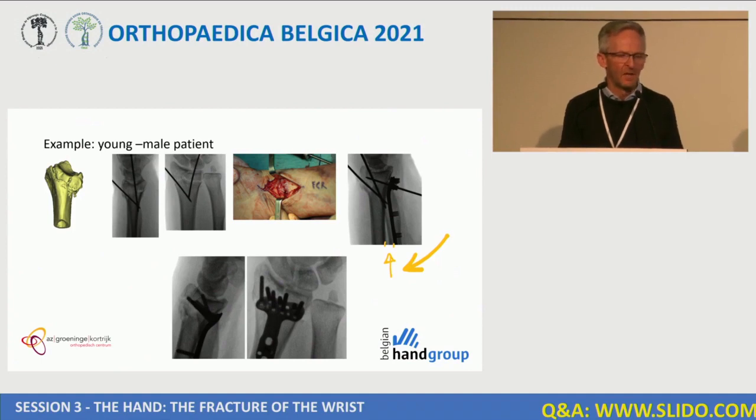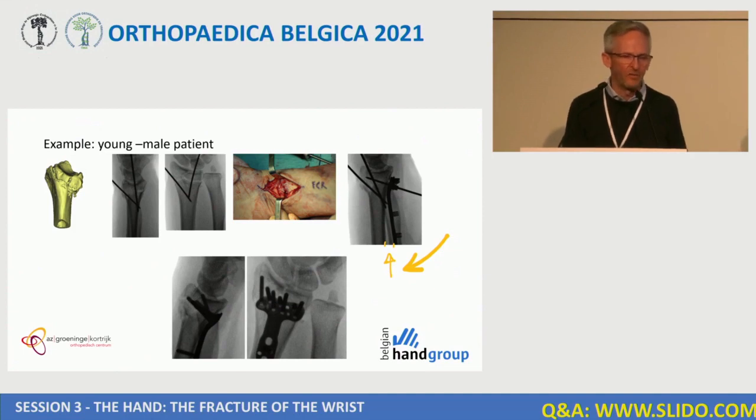You see then on the right picture that my plate is standing a bit off the shaft, just to put a little bit more palmar tilt when I put the plate nicely to the shaft, and then I have my perfect stable reduction. So this patient could directly, that means after the pain is settled, start his rehabilitation.